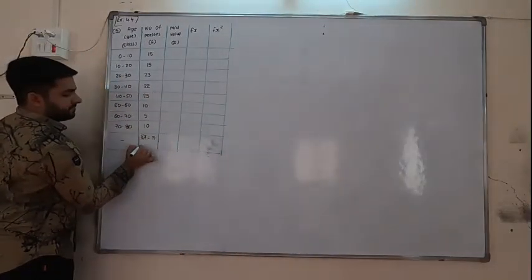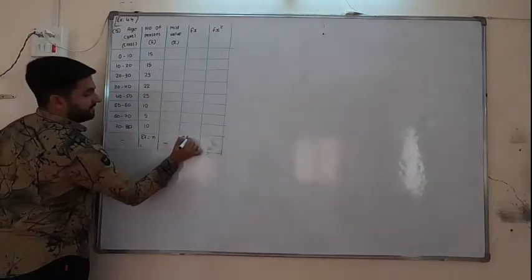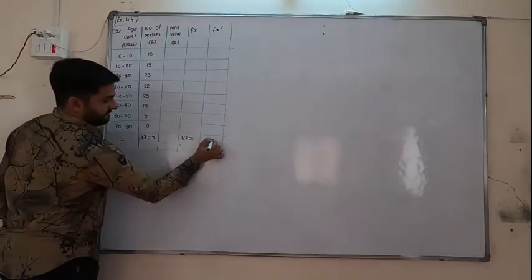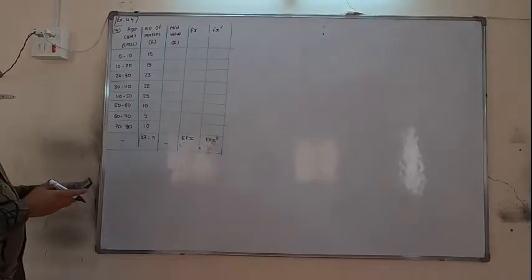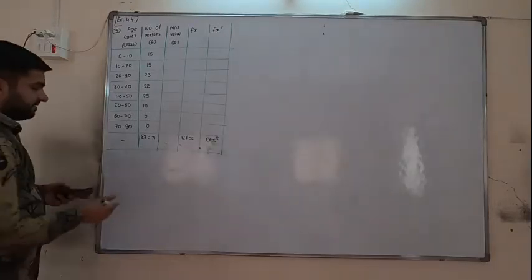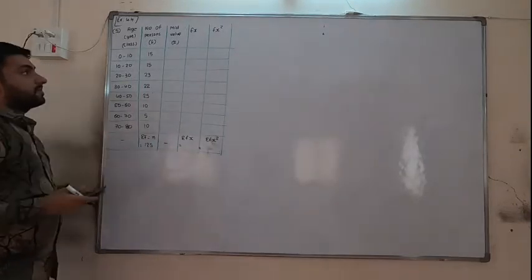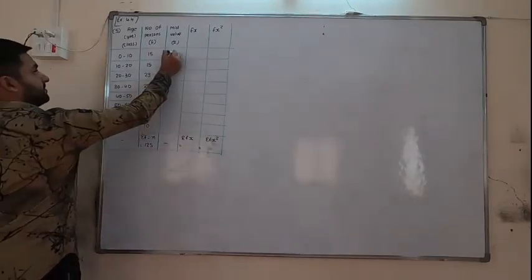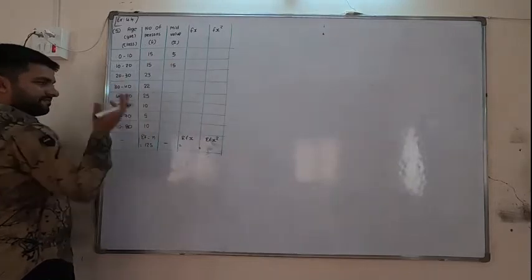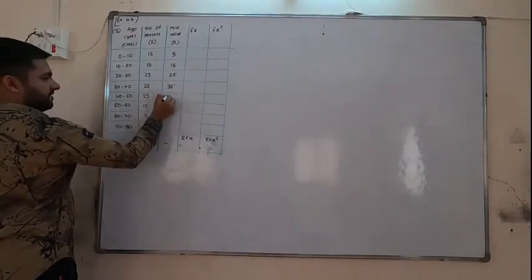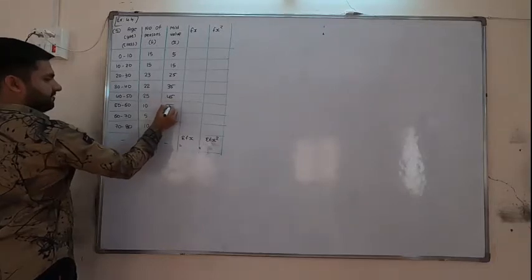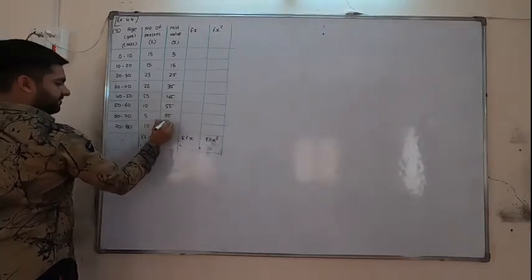Sigma f is equal to n, and we need sigma fx and sigma fx square. The frequencies 15, 15, 23, 22, 25, 10, 5, 10 total 125. Mid values: 5, then 10 difference only, 15, 25, 35, 45, 55, 65, 75.